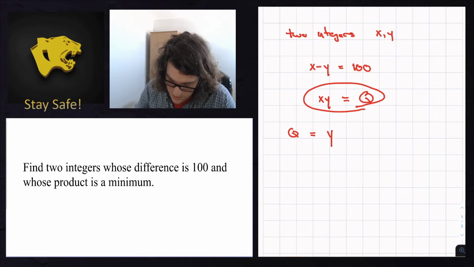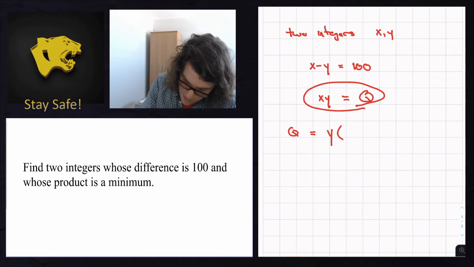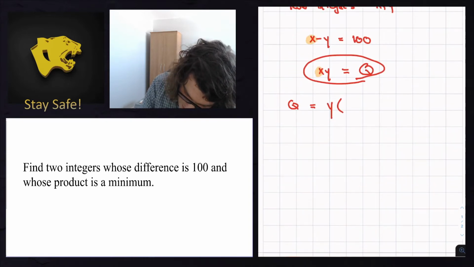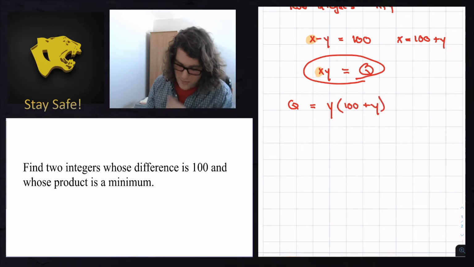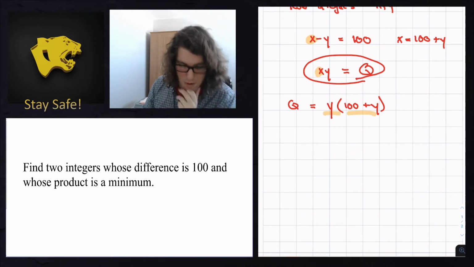Now, that would be y times whatever my x value is. My x value can be rearranged from this top equation to be stated as 100 plus y. So I'm going to get 100 plus y as that x value, and then this one's obviously y.